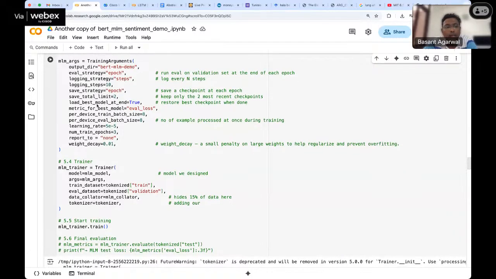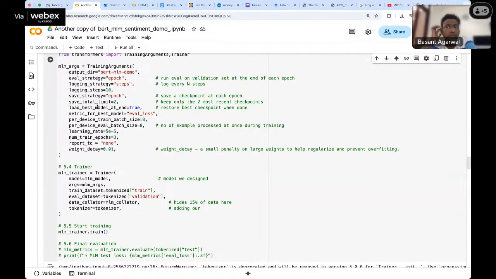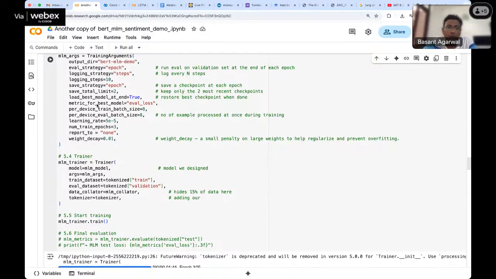Okay, after setting the parameters for the model, we move to the training part. First we have to define the model: what the parameters are, how many layers and so on we need. Then we also set the training parameters, like the number of epochs, learning rate, and all these things.